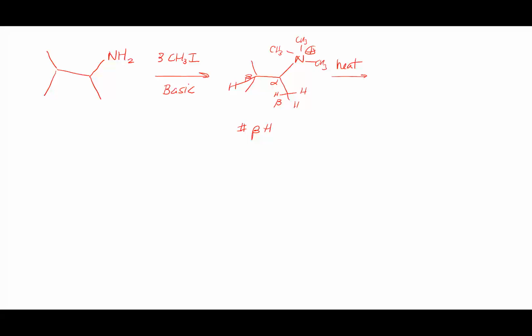By definition then, Hofmann elimination, which is what this is, will always give the least substituted double bond. So in this case, I'm going to lose an H+ and the ammonium at the same time, so that I'm going to form that as my major product.